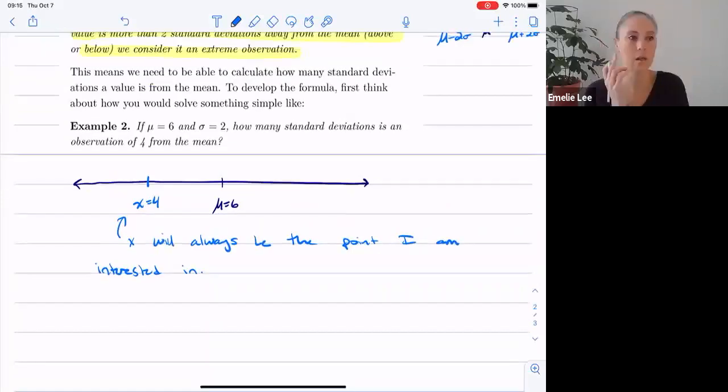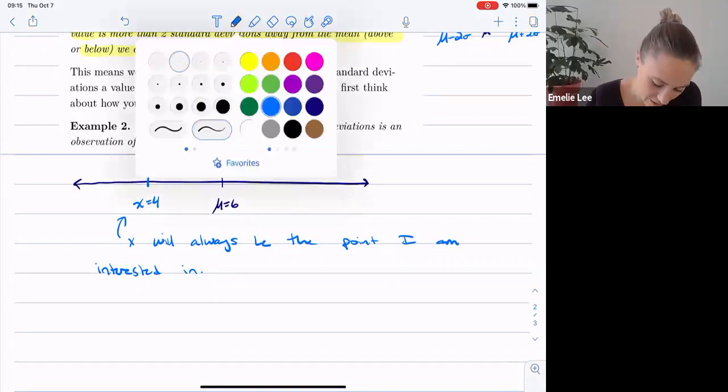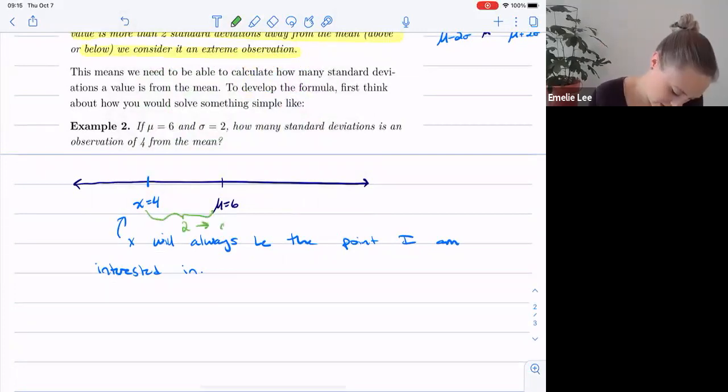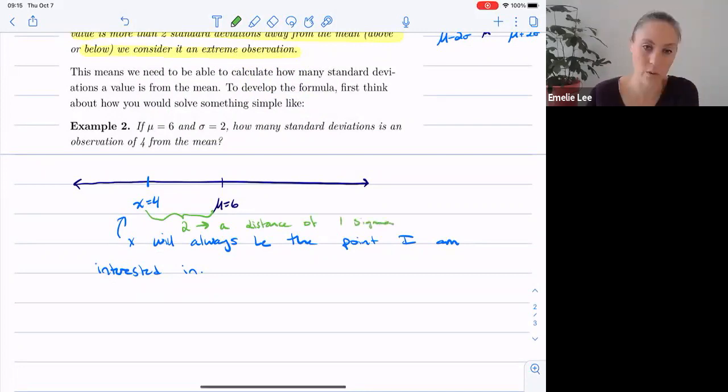Now if sigma is 2, how many chunks of 2 can I fit in here? Well, you would probably say this distance here is 2. So a distance of 1 sigma, or 1 standard deviation.